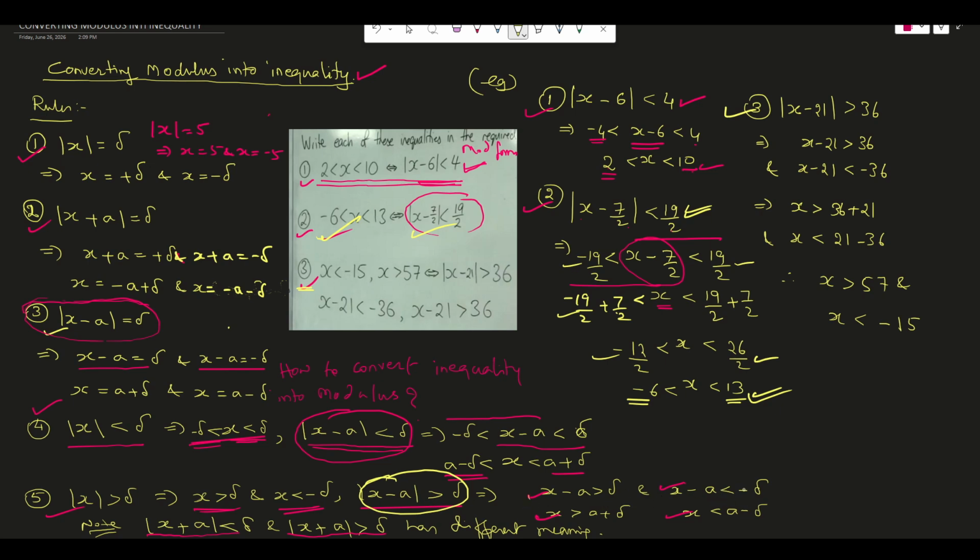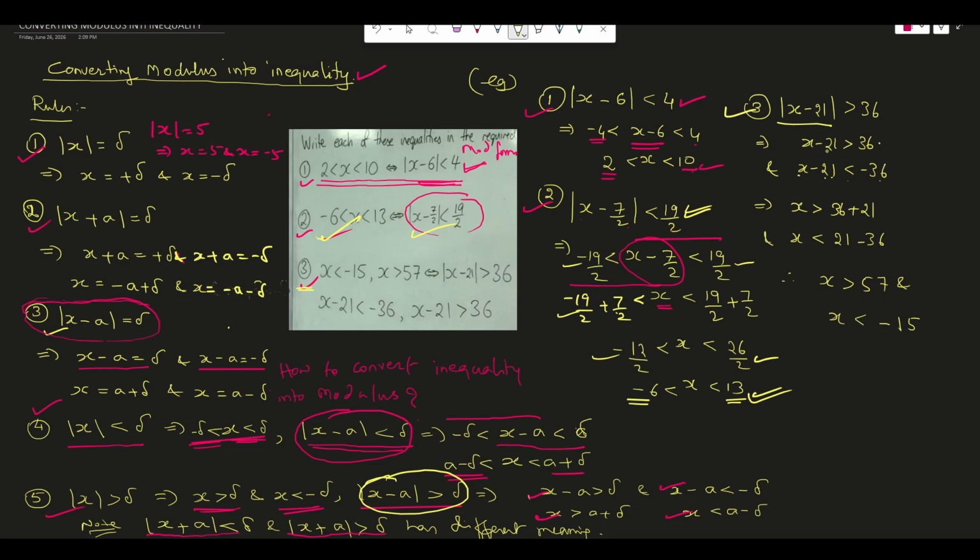This is the meaning of it. And then we can isolate x in both the cases. So modulus of x minus 21 greater than 36 means that x minus 21 will be greater than 36 and x minus 21 will be less than minus 36. Okay, this is the meaning of it.